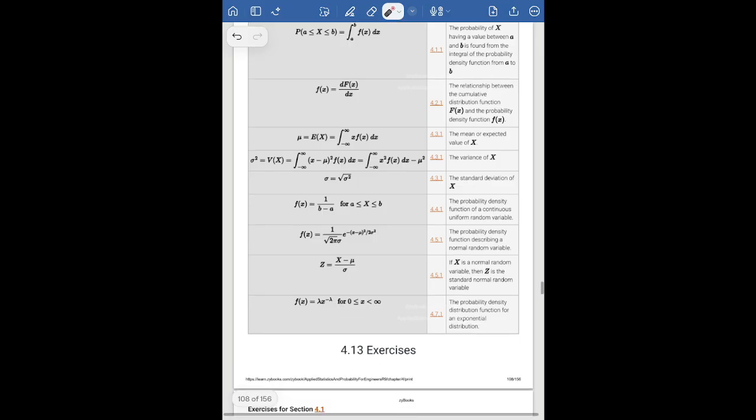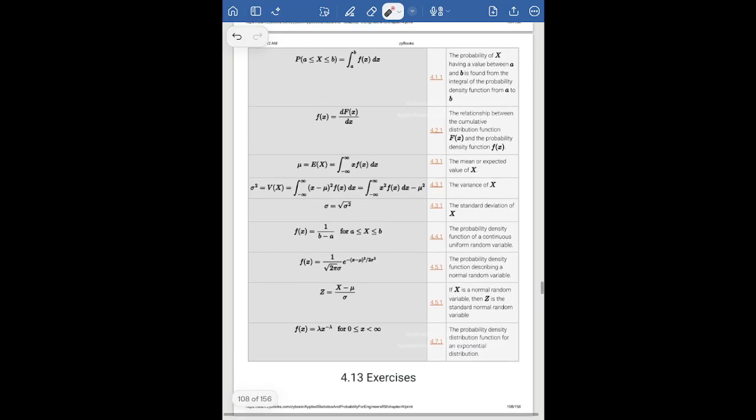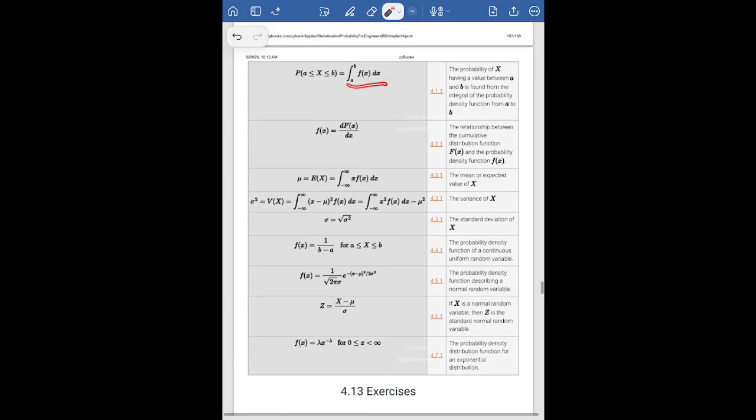To calculate the mean, you need this. You got to take the expected value. You get that variable times its PDF dx, which is very similar to the probability distribution function. Just keep in mind you have the x multiplied out here, and that's that difference.